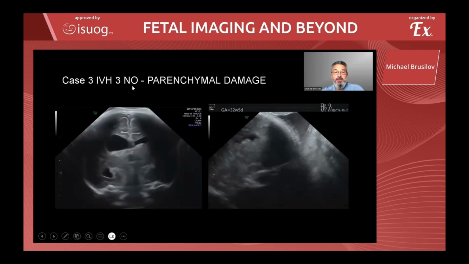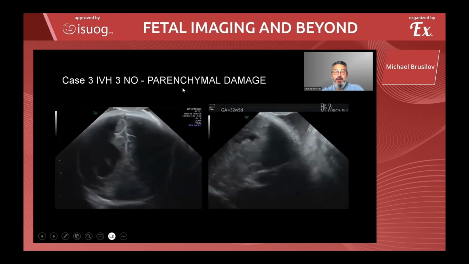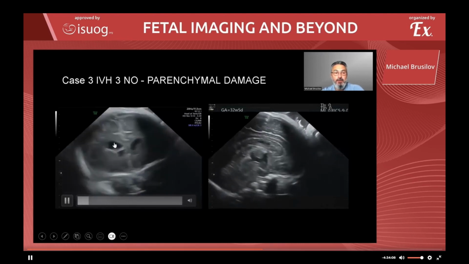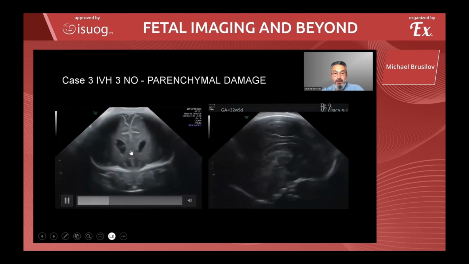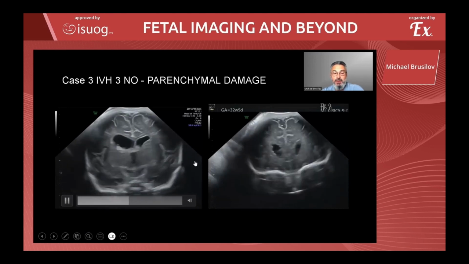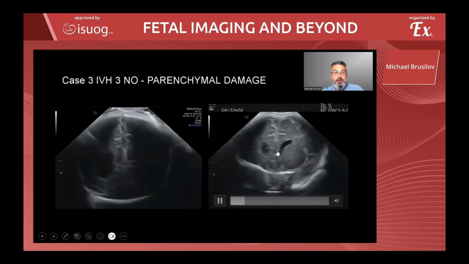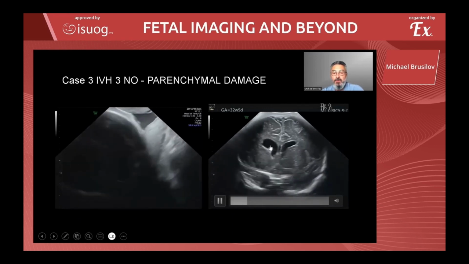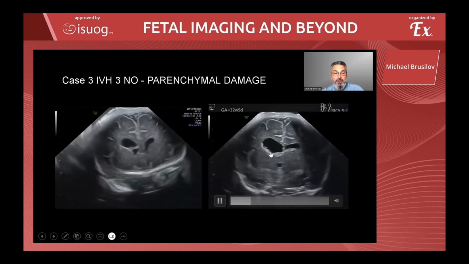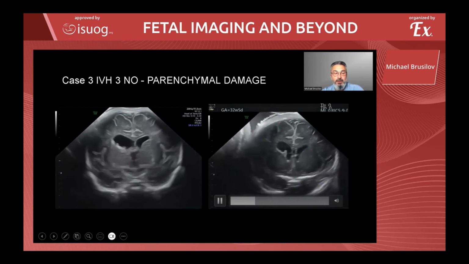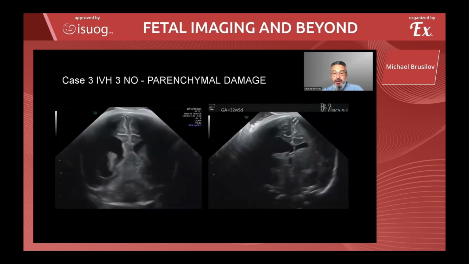One more case. We did not see parenchymal damage, but bleeding started in the germinal matrix, close to the lateral ventricles, dilatation of lateral ventricles, but without parenchymal damage.